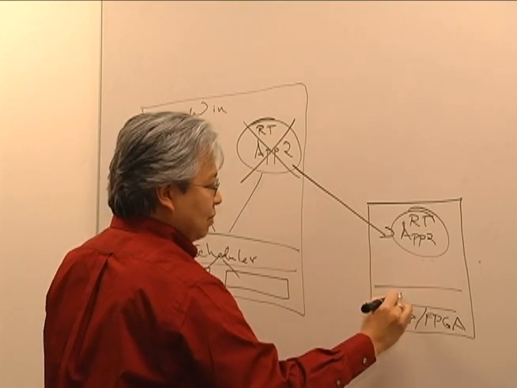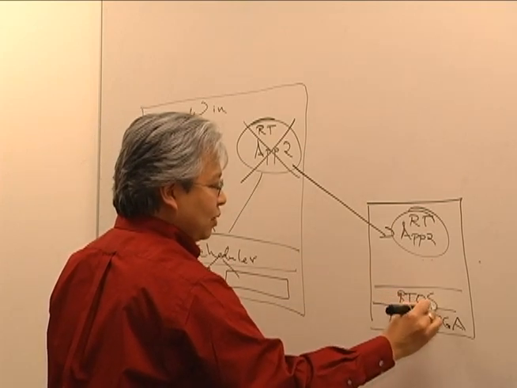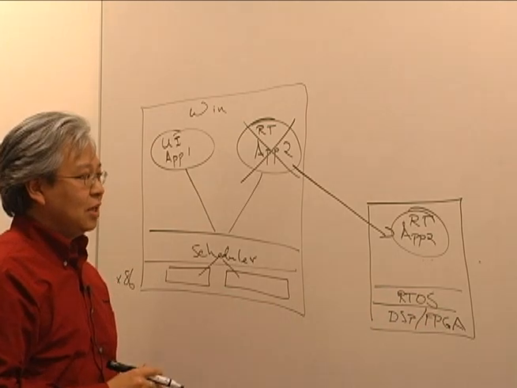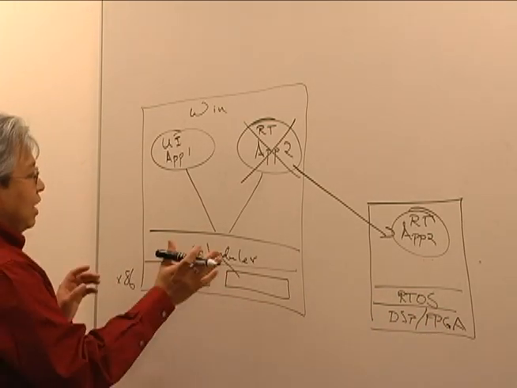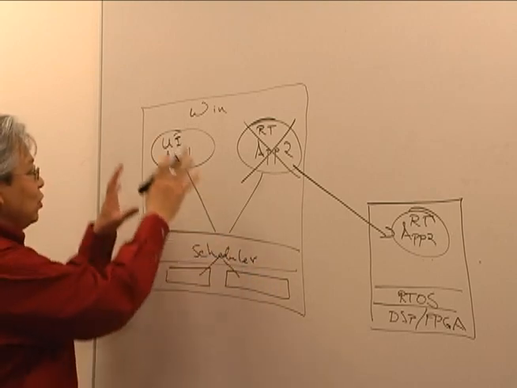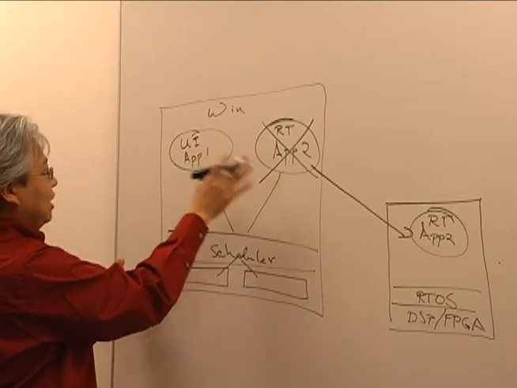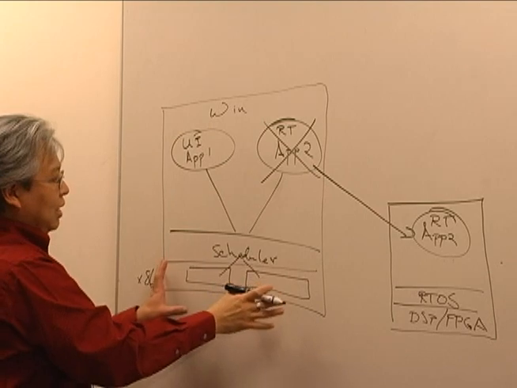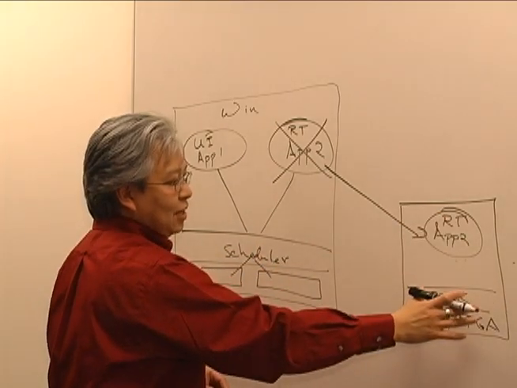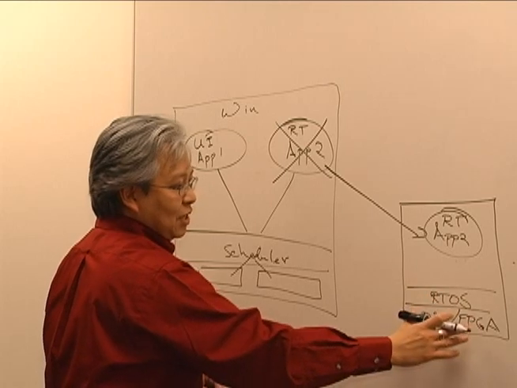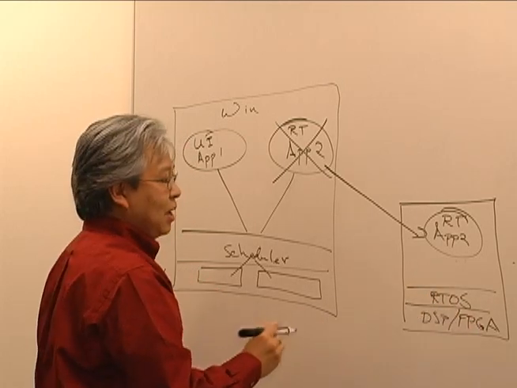And then of course there's going to be some sort of RTOS or some sort of scheduler that's there, or it's going to be done in hard logic. So now we actually created a hybrid system, and now you're able to get the most out of Windows, because now anything you have related to Windows and the UI is all as far as scheduled through one scheduler to its cores, and then over here you have anything time critical scheduled to specialized hardware and through an operating system.